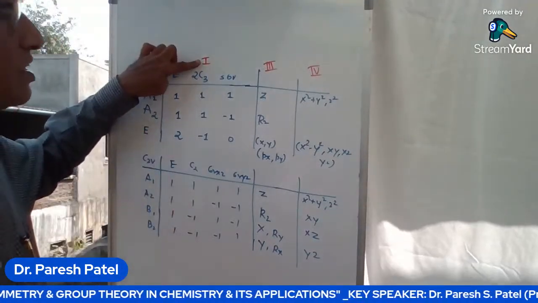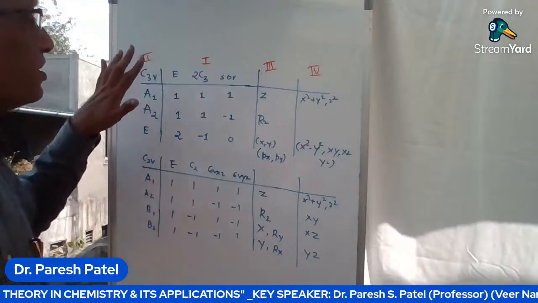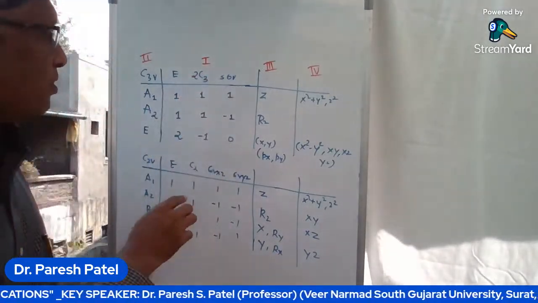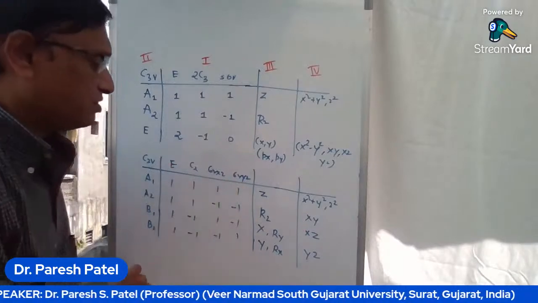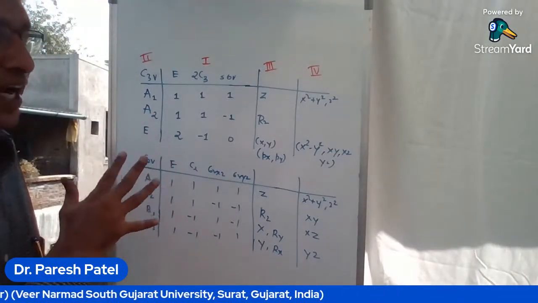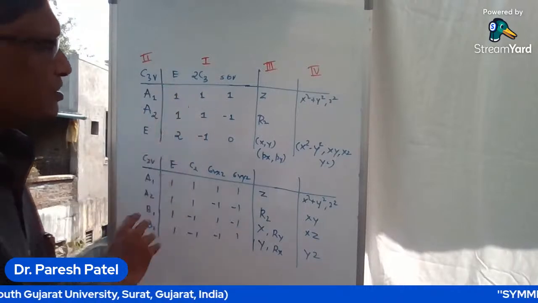We already discussed area number one. Area number one represents different characters obtained by operating different symmetry operations. Okay, so area number one represents the different characters of different symmetry operations.